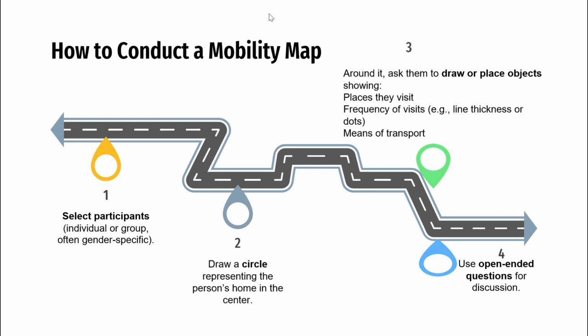Lines show how often they go. Thick lines for daily trips and thin lines for monthly trips. And while drawing, they explain why they go, how they get there, or if there are any problems on the way. It turns into a really rich and personal story.